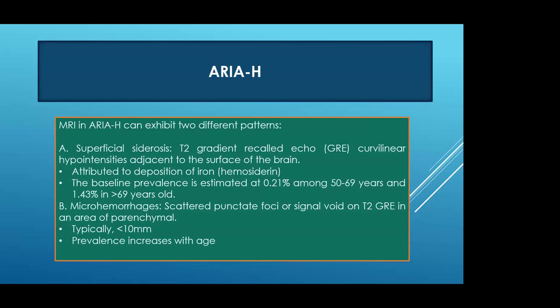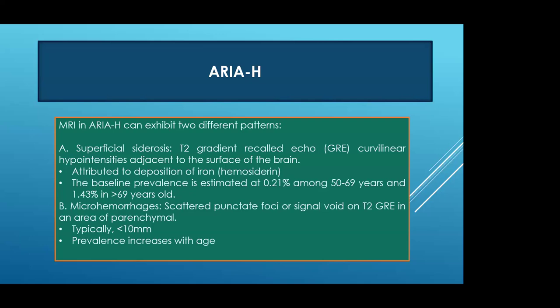I have to say that the baseline prevalence of this condition has been estimated at approximately 0.21% among those aged 50 to 69 years old, and 1.43% in those a little bit older than 69 years old.